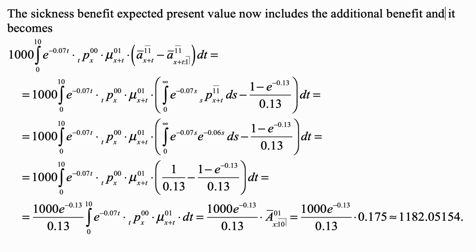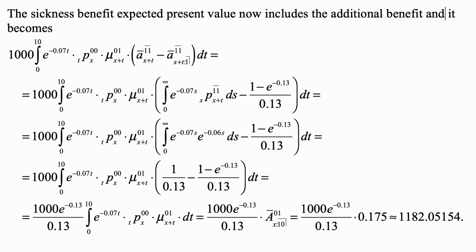Okay, we calculated the second term just a moment ago, and then the rest becomes 1000 times the integral from 0 to 10 of e to the minus 0.07 t times tp x 0, 0 times mu x plus t 0, 1 times the integral from 0 to plus infinity of e to the minus 0.07 s times sp x plus t 1, 1 with a bar above it ds, minus what we just calculated before.